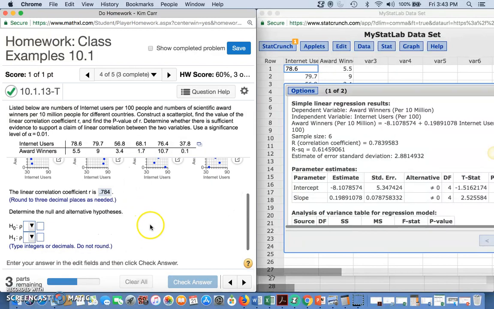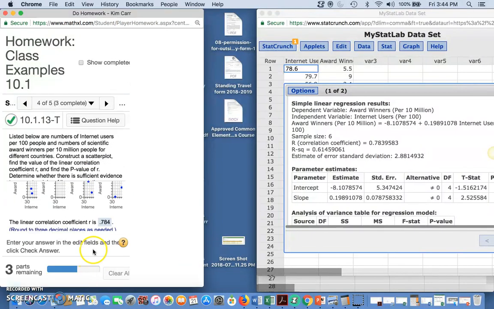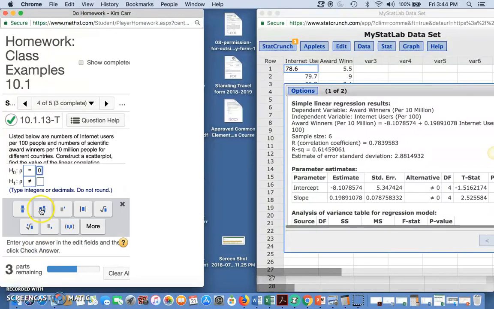Okay, then we set this up. We've done it. The hypotheses are equal and not equal, and those are to 0.